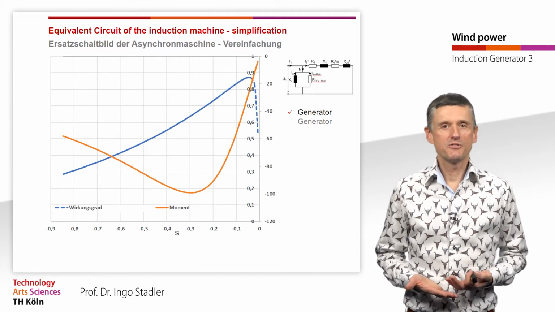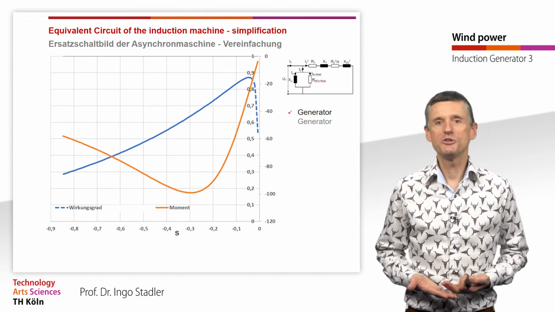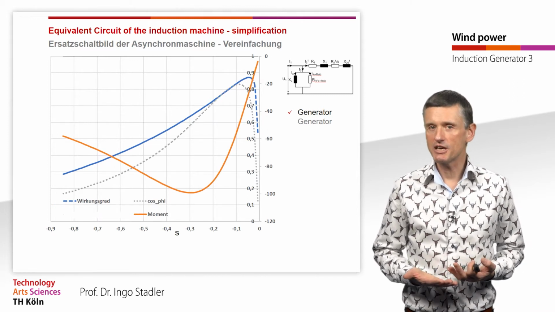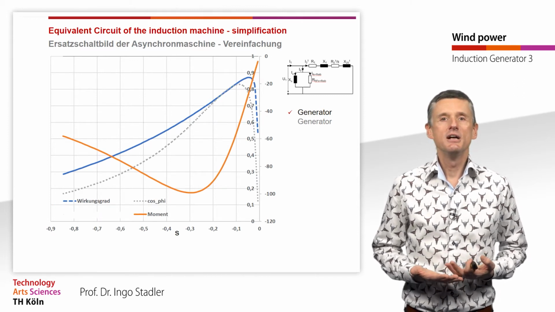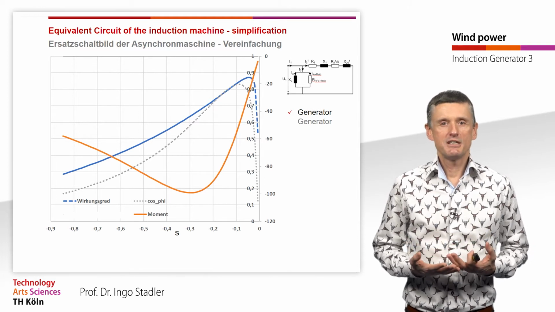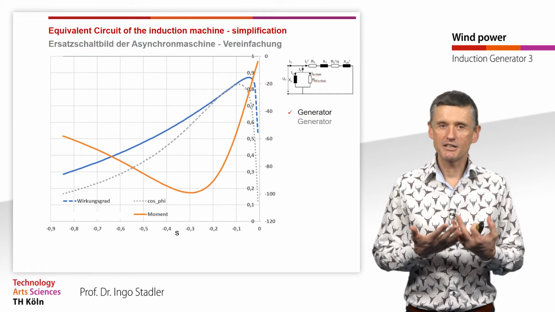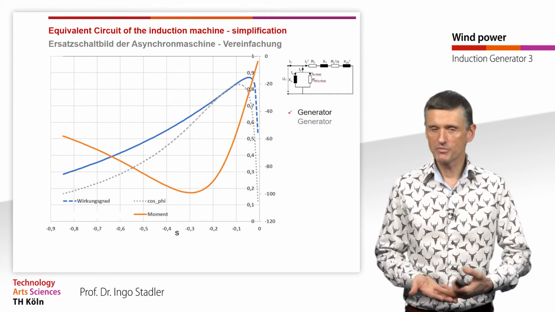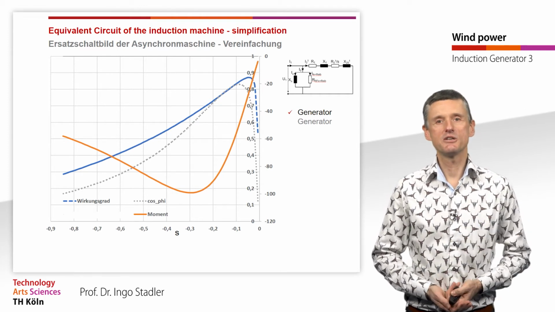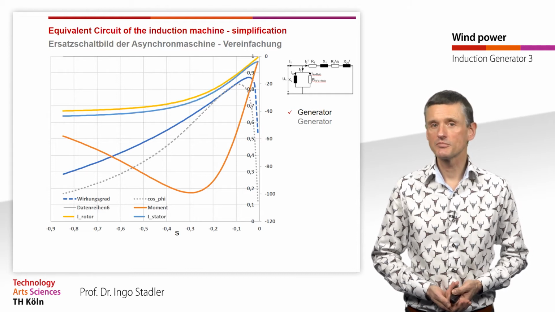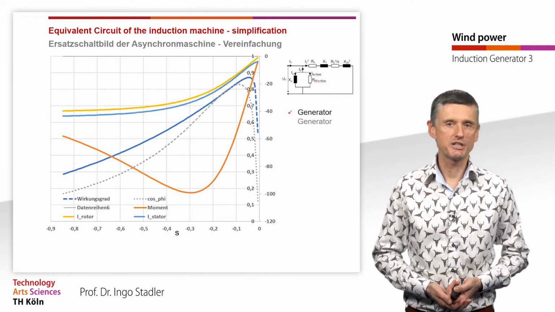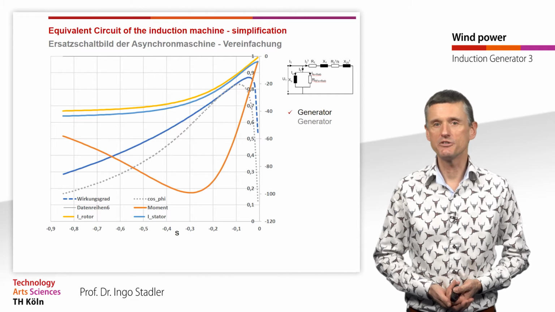Again, we have maximum efficiency at small slips, and we also have this behavior of the cosine phi. That means the cosine phi is getting a maximum where the requirement of inductive power is at its minimum, and then the cosine phi is decreasing again. And to be complete, also the currents we can mention here.